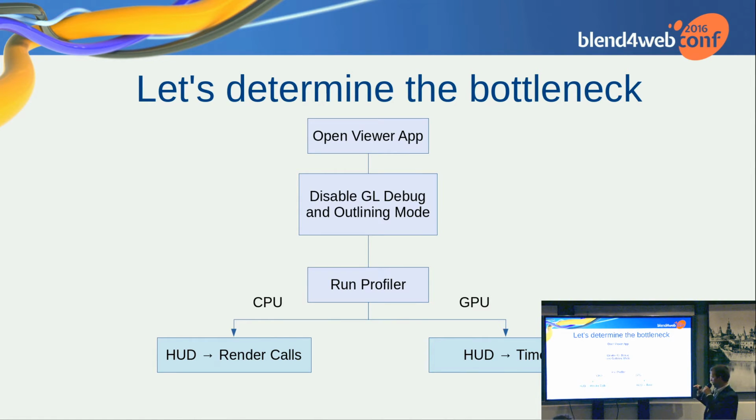When we find out what the matter is, in case of CPU, we should use our HUD, which is built into the viewer application, and take a look at the render calls graph. In case of GPU, we should take a look at the time spent on particular scene parts. That's it. Now I should show you several live examples, in order to understand how this simple diagram works.